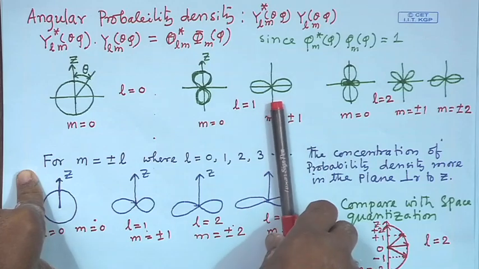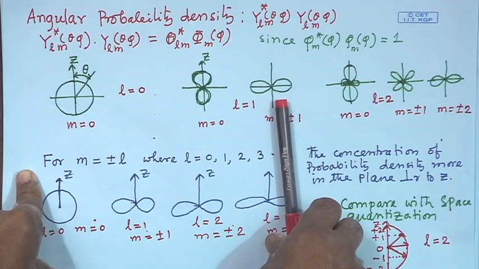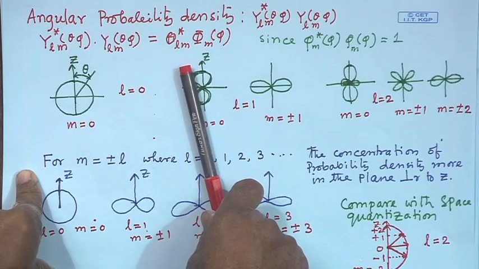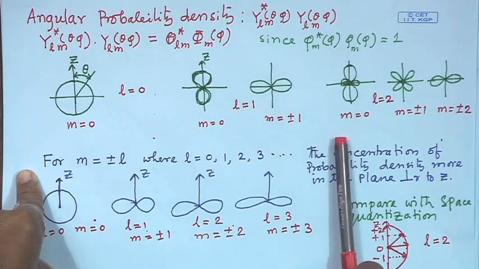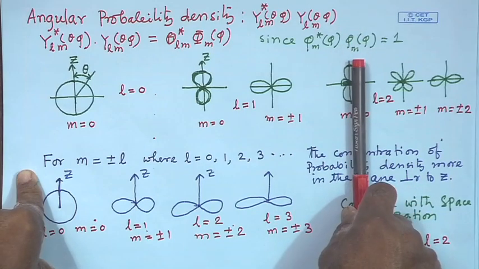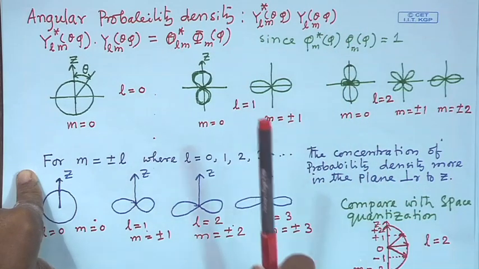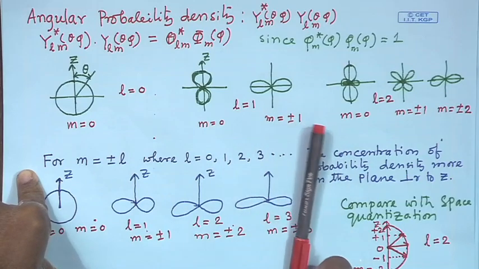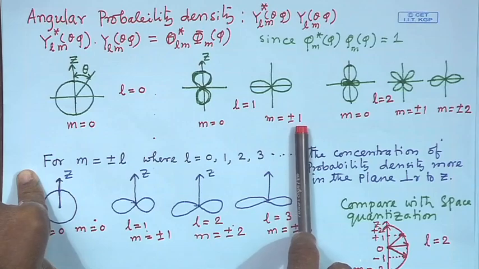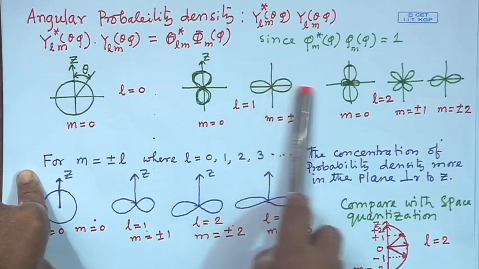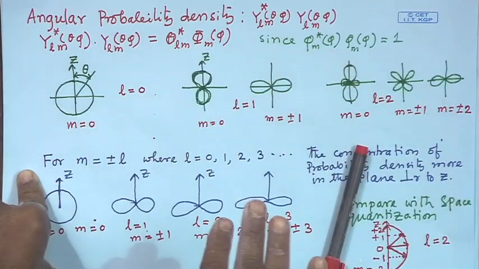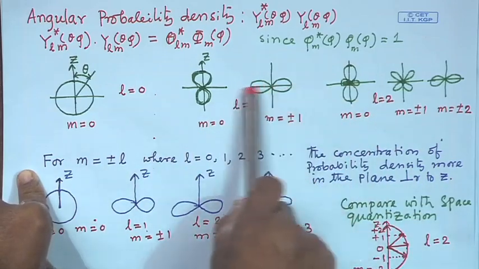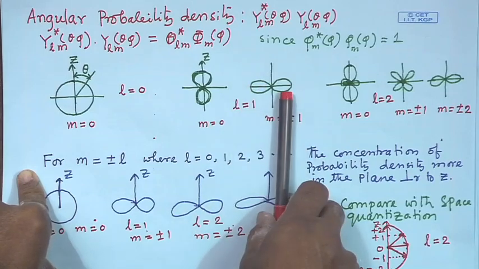So for m equal to 0, the maximum probability is along the z direction, and when m is maximum, plus minus L, the maximum probability is on the plane perpendicular to the z axis, the xy plane. This can be the x axis or the y axis.